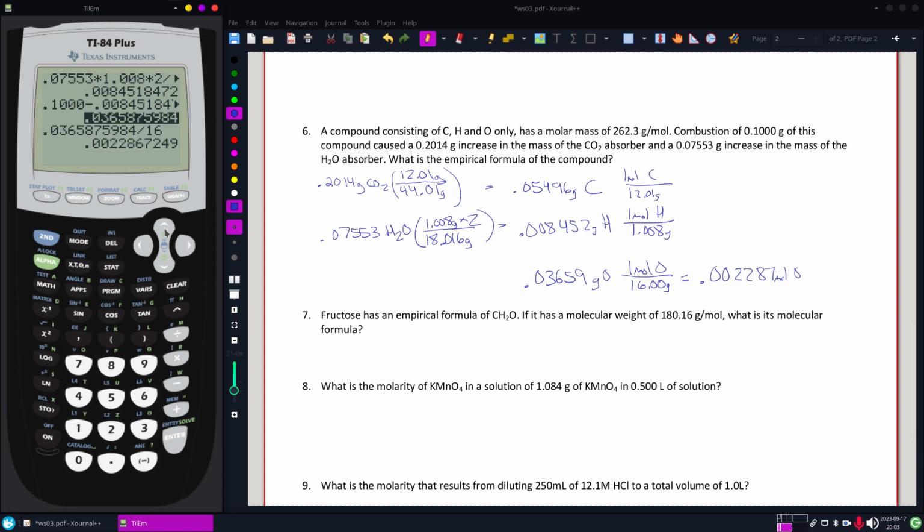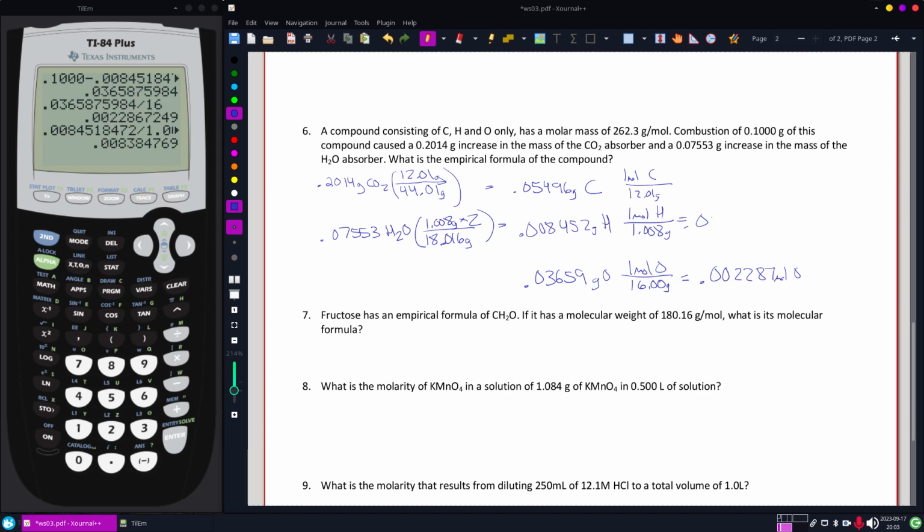The 0.008452 is the mass of hydrogen. Divide that by 1.008, and we end up with 0.008385 moles of hydrogen. And now, does this go up high enough to get the carbon?